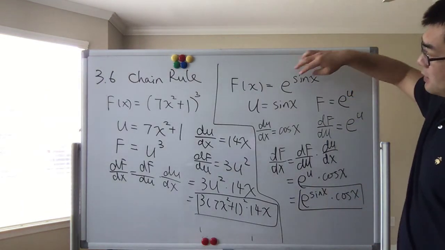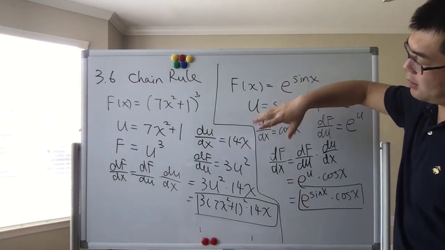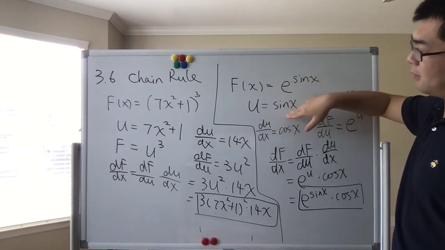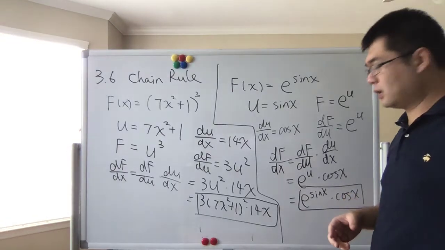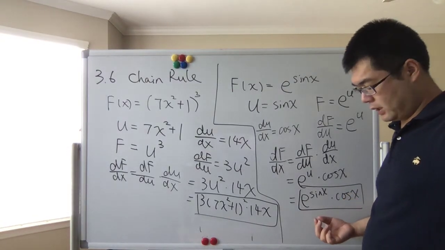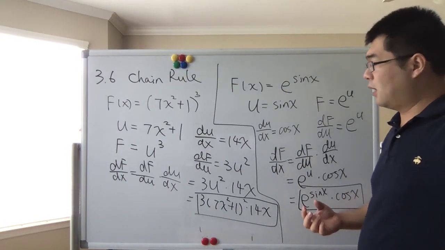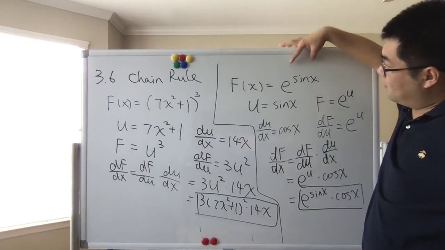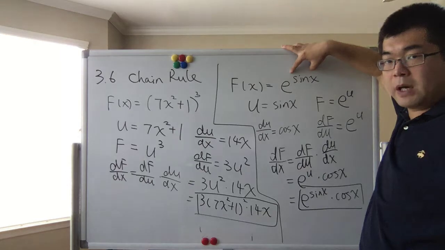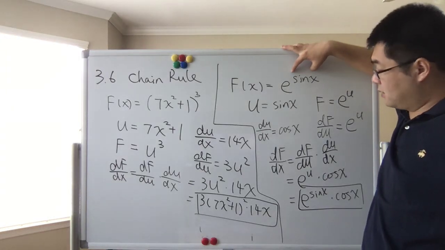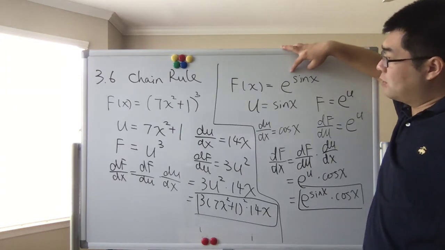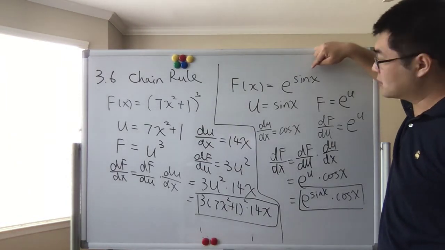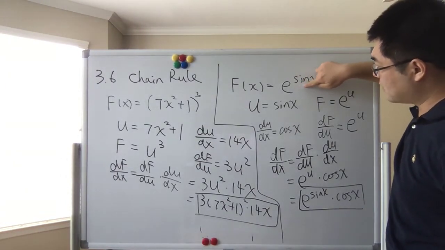As you can see, guys, I'm pretty sure at this stage you should be familiar with this u substitution technique. But let's also think about the other interpretation of the chain rule. If we are taking the derivative of this with respect to x, I have to take the derivative of the outside function with respect to the inside function.